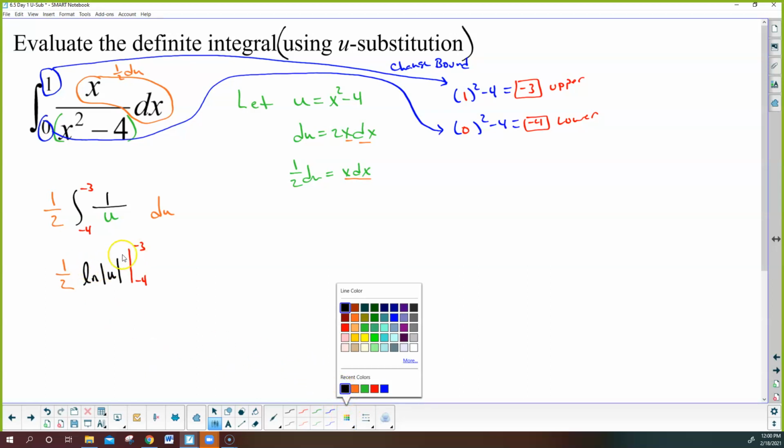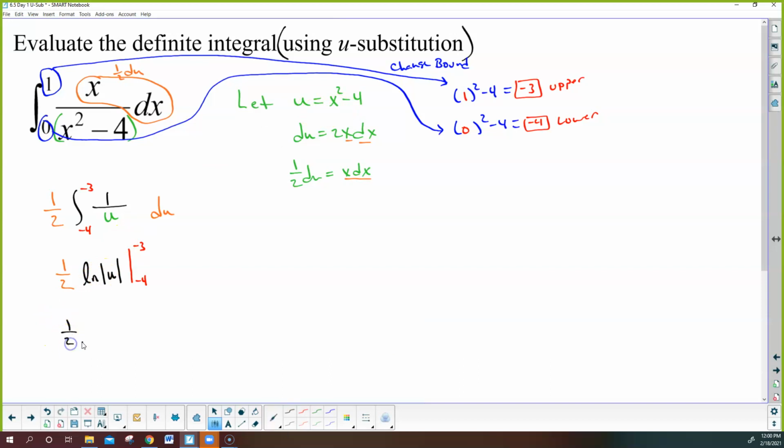Okay? And now, because we changed everything in terms of u, I don't ever have to go back to replacing this u. So I'm just going to leave it, and we're going to take the natural log of negative 3. Notice it's the absolute value, minus the natural log of negative 4. And then I just times everything by 1/2 at the end.